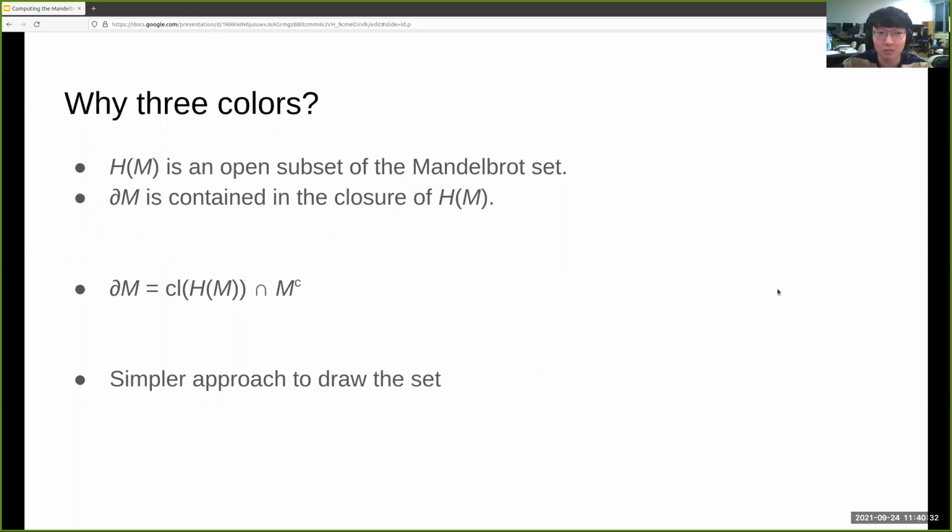The three color approach gives a simpler approach to draw a set. In other words, we can draw a set without calculating.